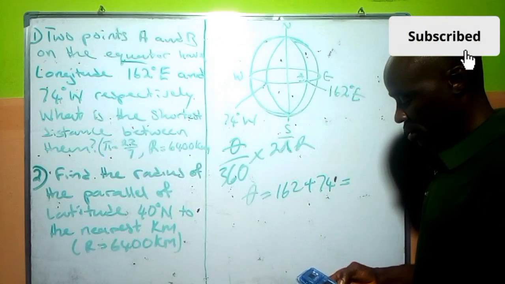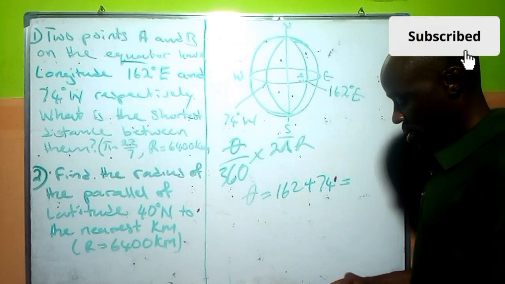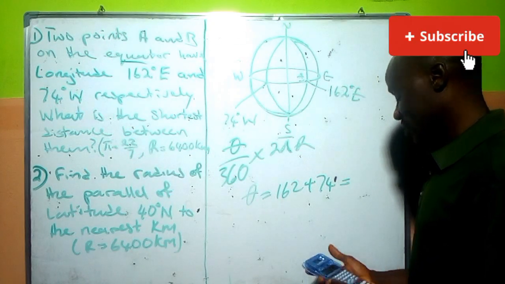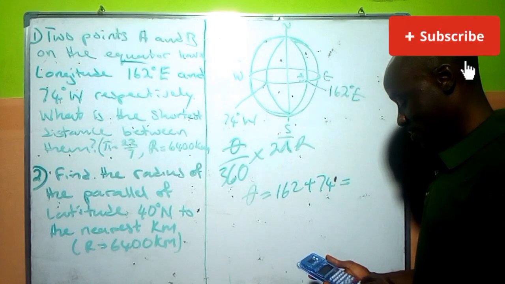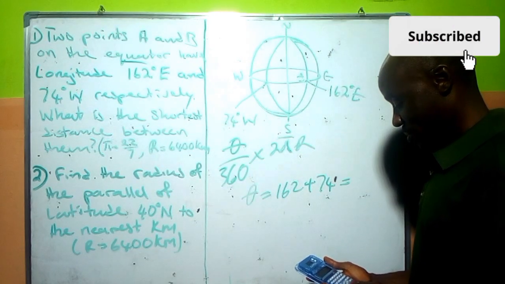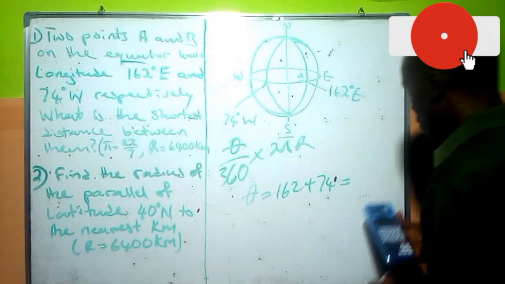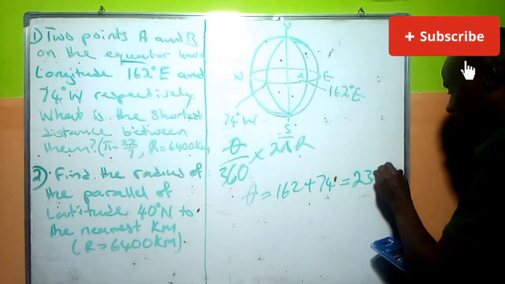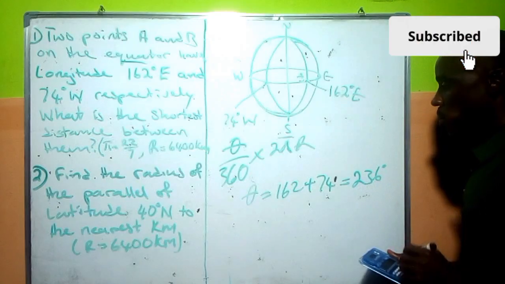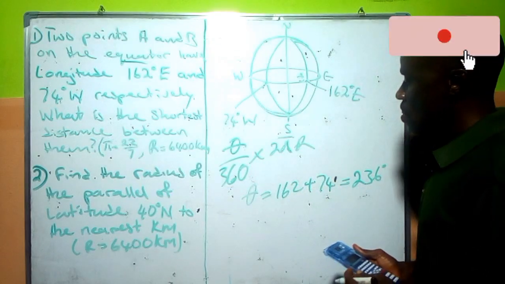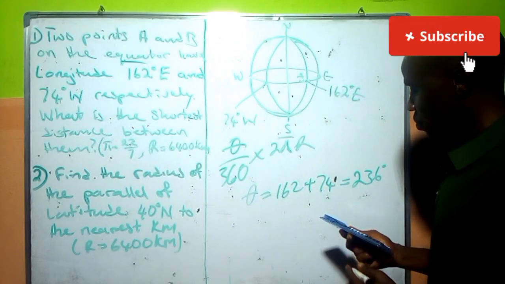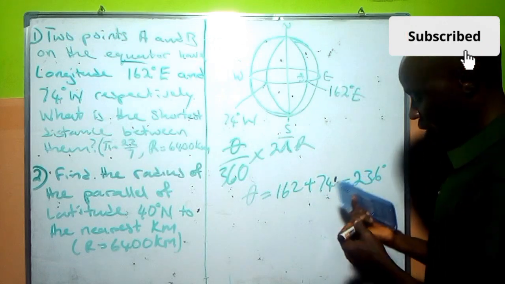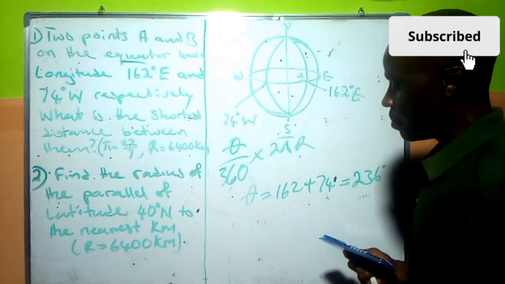Now wow, this calculator. So we have 236 degree as our theta. So now what do we do?